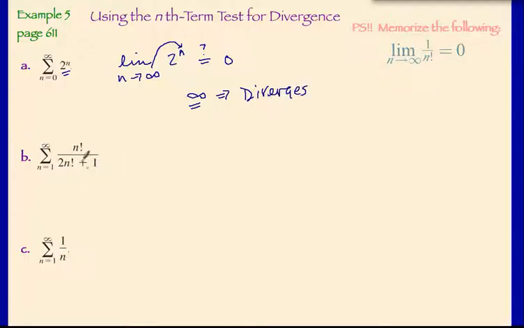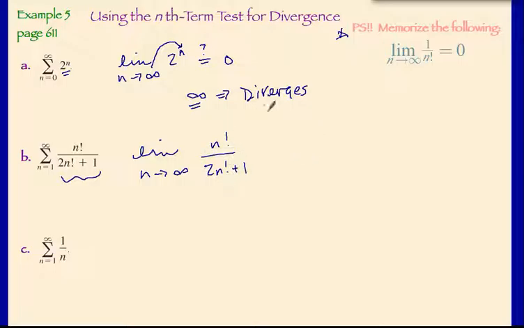Now, let's look at this general term. We're going to take the limit as n approaches infinity of n factorial over 2n factorial plus 1. Now notice I have up here P.S. memorize the following, that the limit as n approaches infinity of 1 over n factorial is 0, because we're going to use a technique that we've seen before to rewrite this.